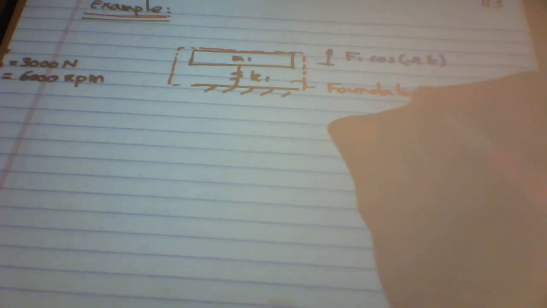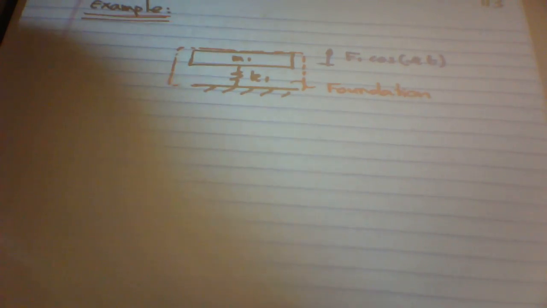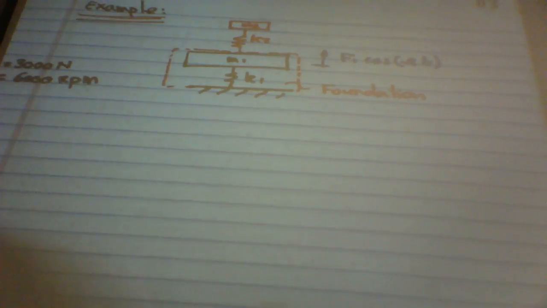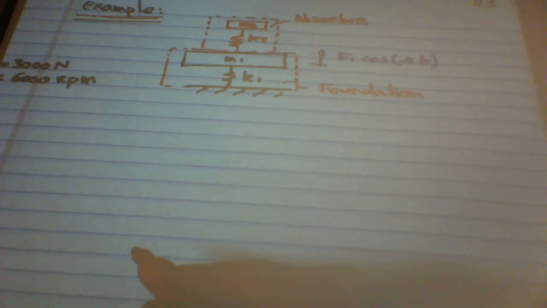Okay? And basically now they say determine the parameters M2 and K2. So we're going to attach to this an absorber of mass M2, K2. So this will be the absorber of that system.